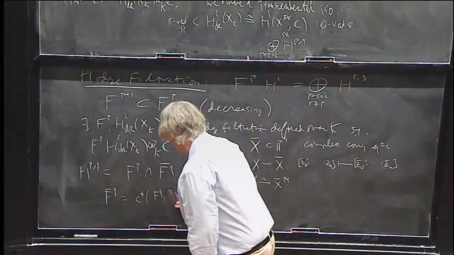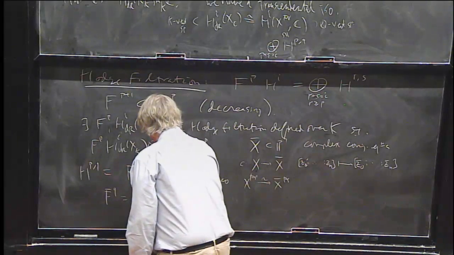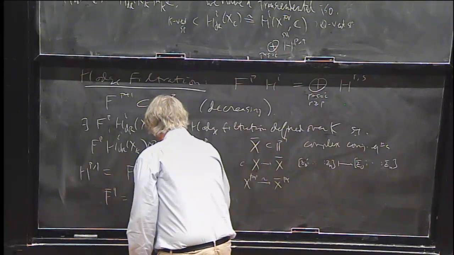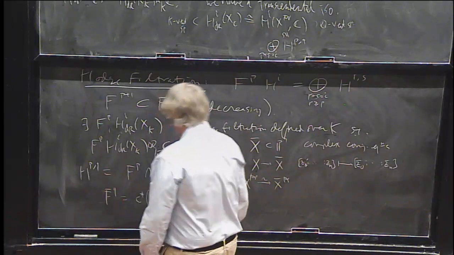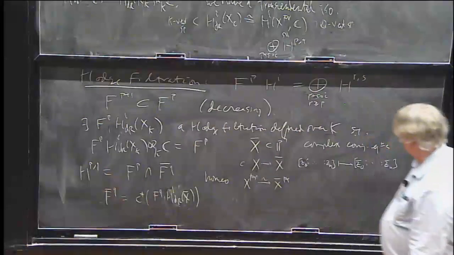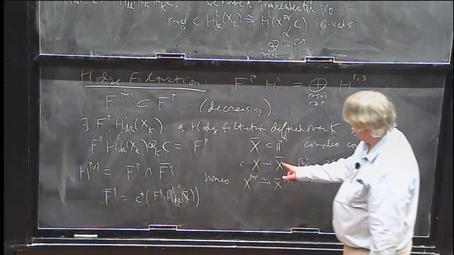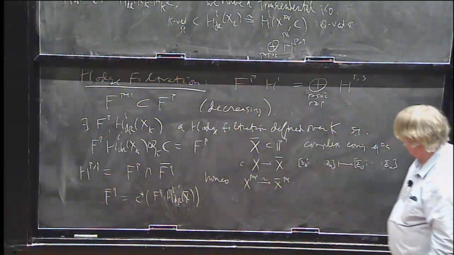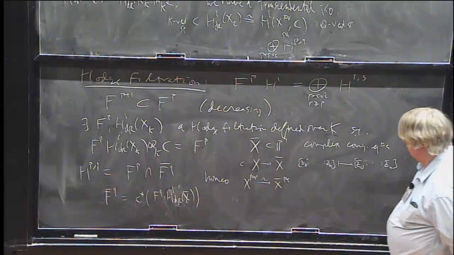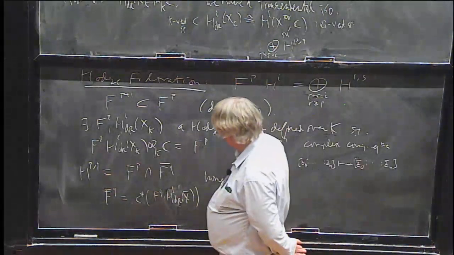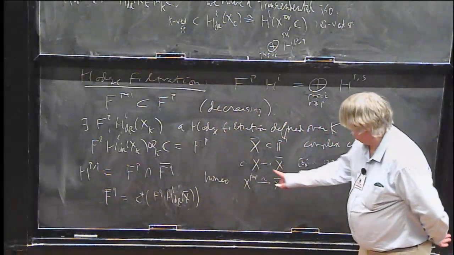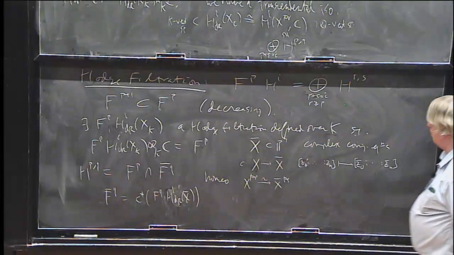So let's just say F^q of the de Rham cohomology of x bar. So this thing would be defined not over K, but over sort of K bar, which is the complex conjugate version of K. So this is, again, something that in some way is defined over a field, but you have to conjugate it, you have to pull it back by this homeomorphism.